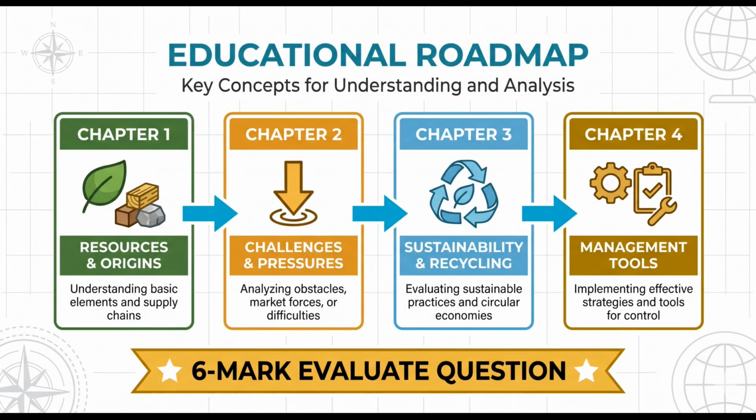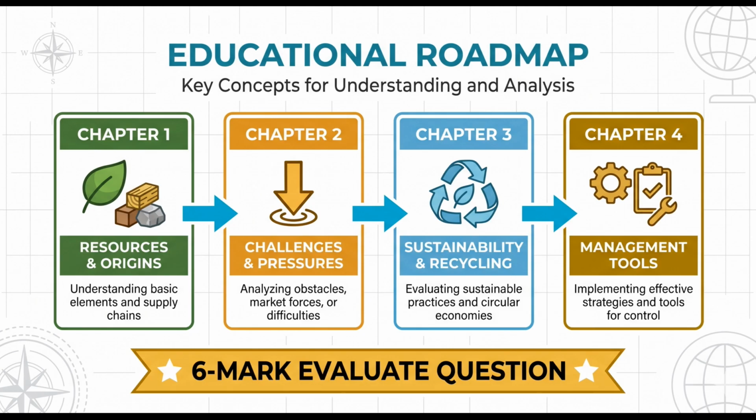Here is what we are covering today. Look at the roadmap on screen. Chapter 1 is about what natural resources are, the exact definition, and how to classify any resource as renewable or non-renewable. Chapter 2 looks at why resources come under pressure and introduces the 5-stage depletion cycle. Chapter 3 is about sustainability, the Brundtland definition, and what sustainable development means in practice.